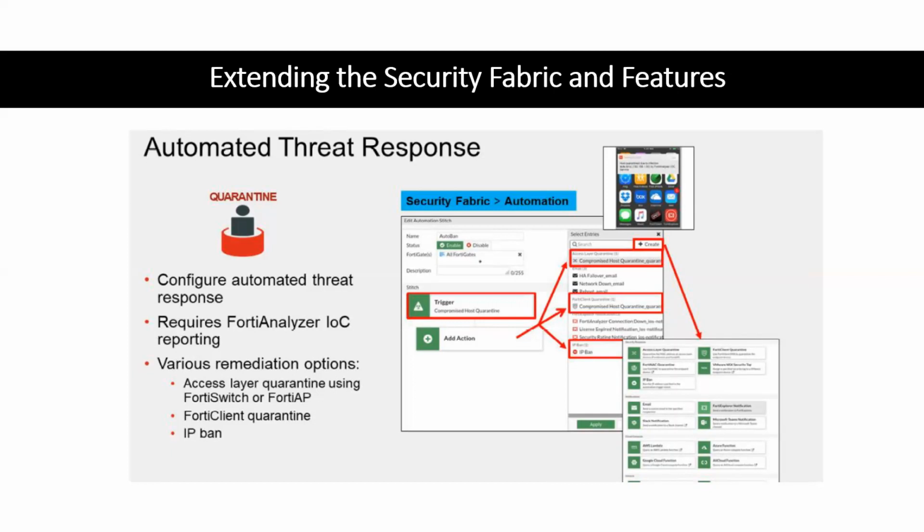Donovan can create a trigger for a compromised host. He's looking at the threat level threshold, the MAC address, all of that. He can automate it to the point where it'll quarantine the device via MAC address. He can ban the IP. He can perform all of these things and get a notification back to the NOC or the SOC saying, hey, this happened. I went ahead and performed the action.